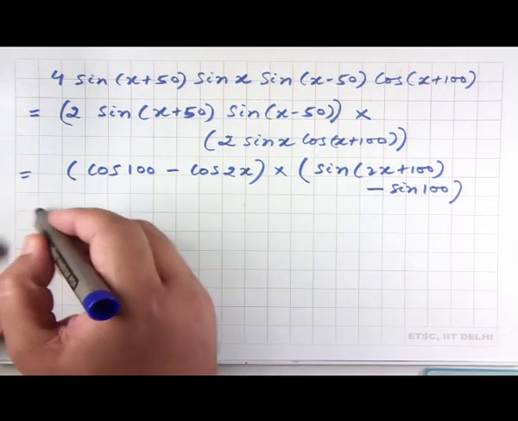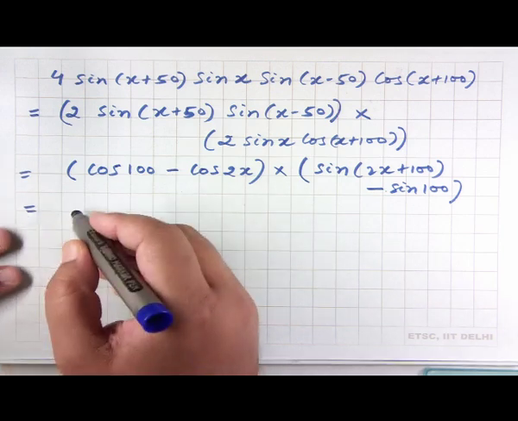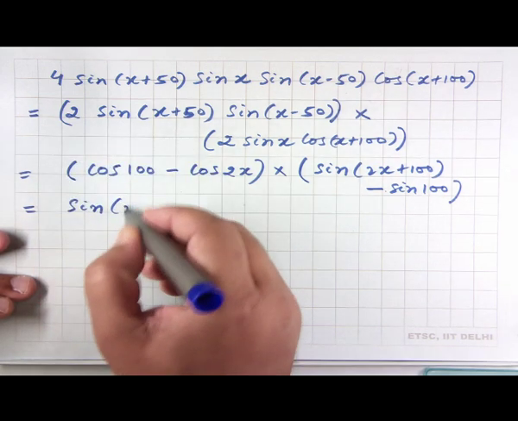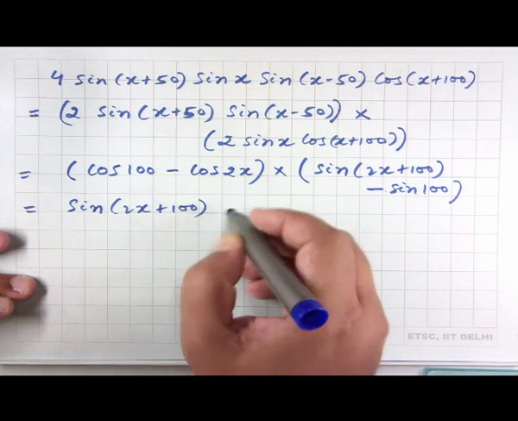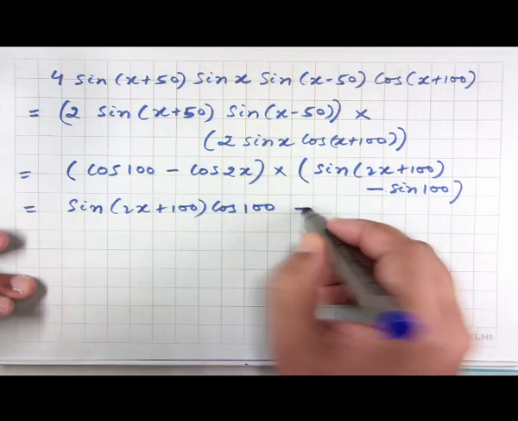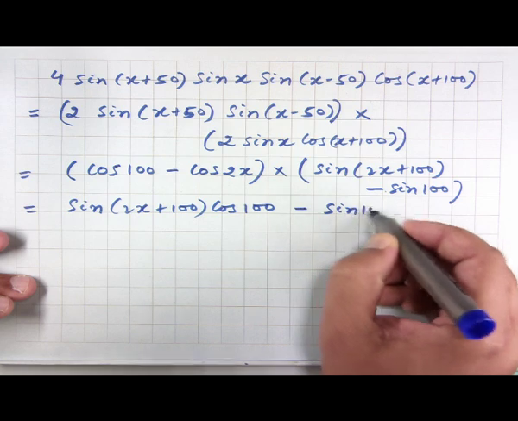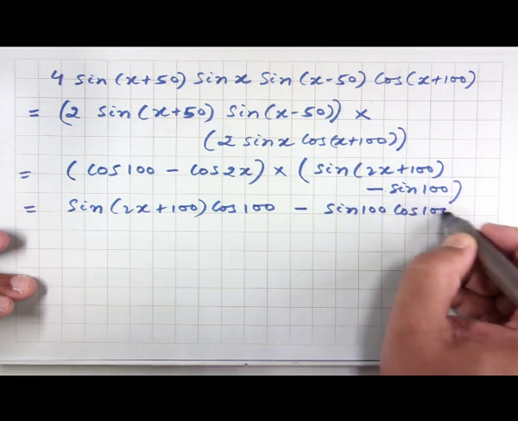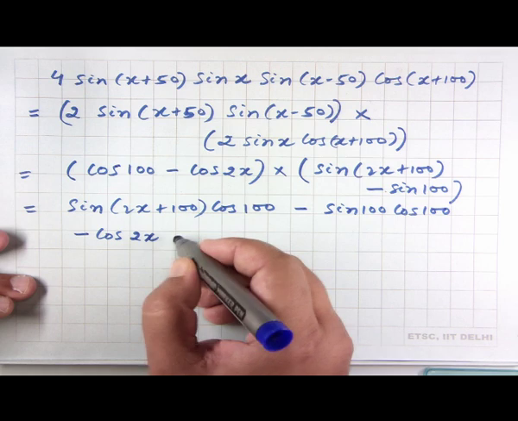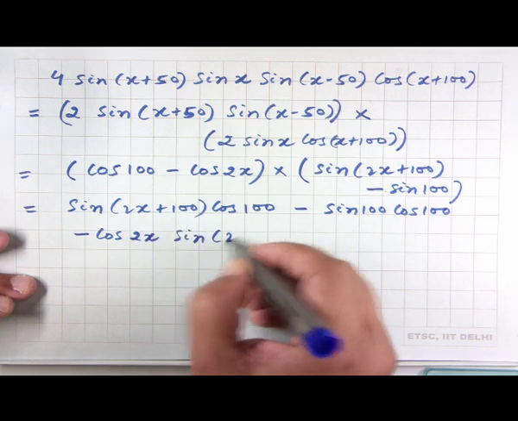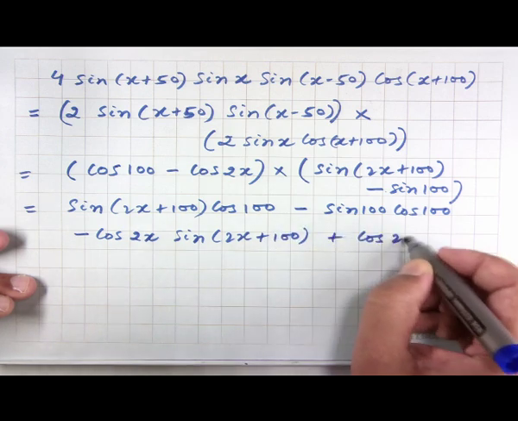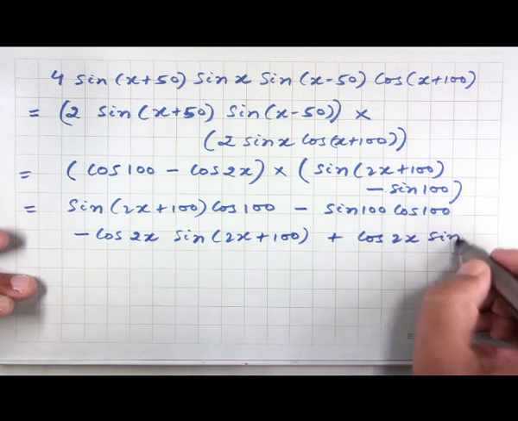And then we again write up all the 4 terms that we get. We end up getting sine of 2x plus 100 times cos 100, so this is this with this, minus sin 100 into cos 100 minus cos 2x sin of 2x plus 100 plus cos 2x into sin 100.